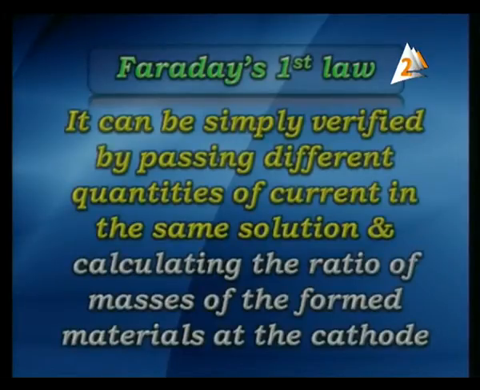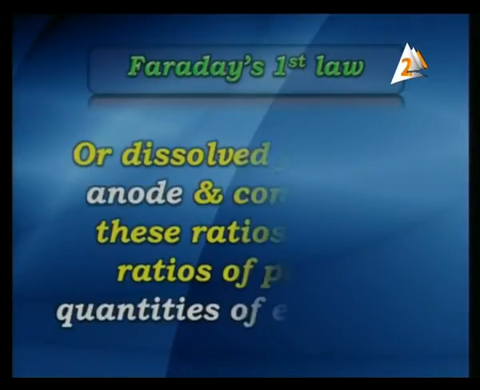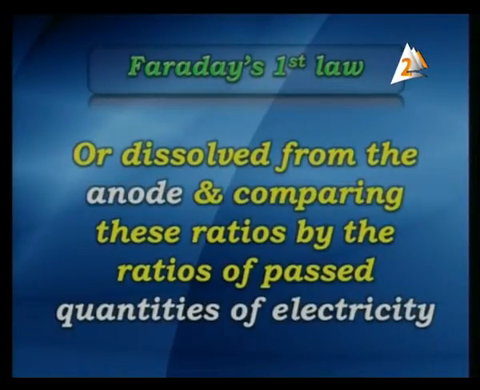Now you can say it can be simply verified by passing different quantities of current in the same solution and calculating the ratio of masses of the materials formed at the cathode, or also dissolved from the anode, and comparing between them with the ratio of the passed quantities of electricity.